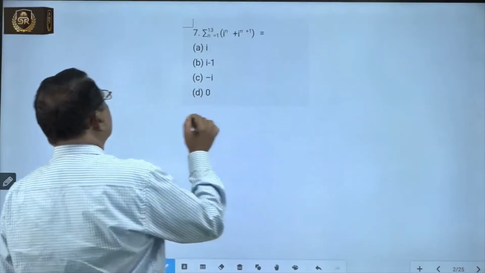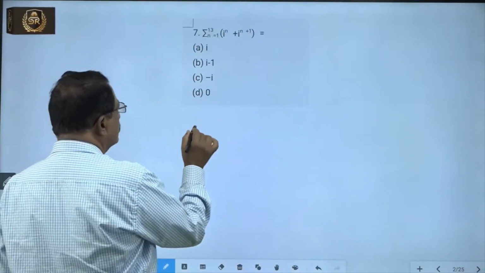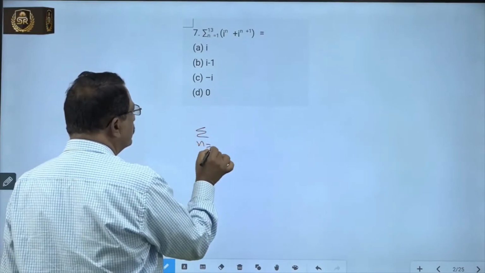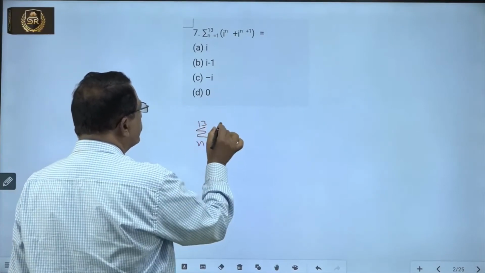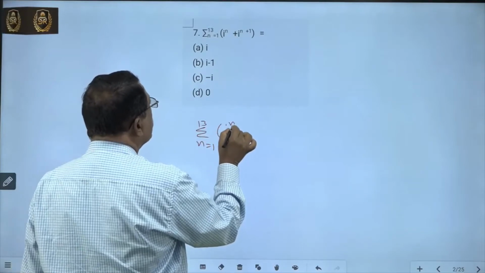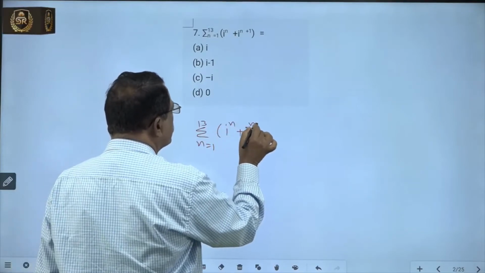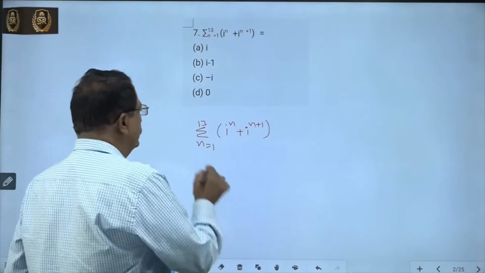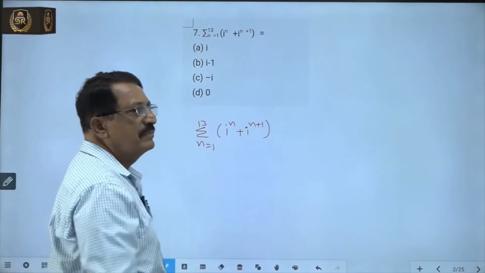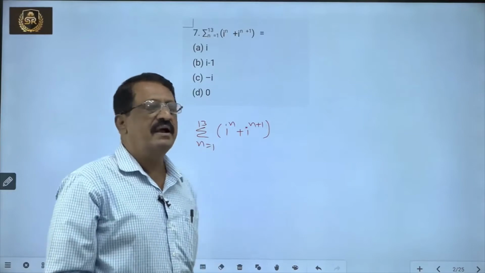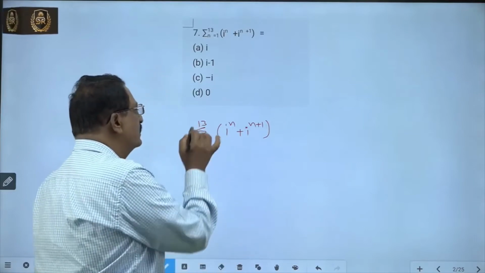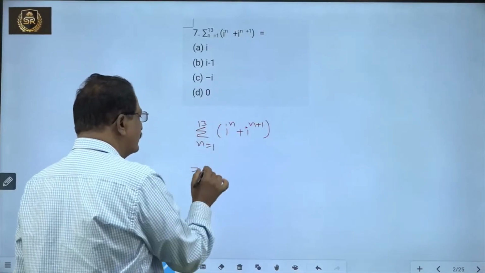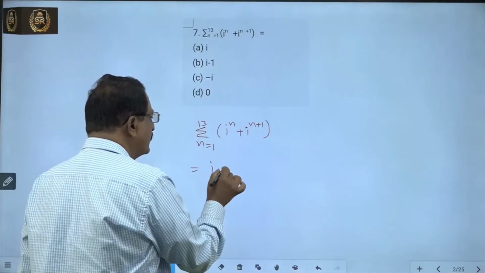Next, 7th problem. Sigma n equals 1 to 13 of i to the power of n plus i to the power of n plus 1. Here sigma is nothing but the summation of the series, with n from 1 to 13. For n equals 1, we substitute: i plus i square.